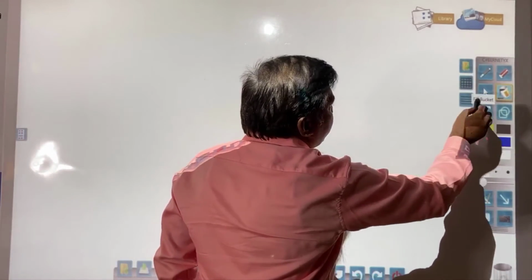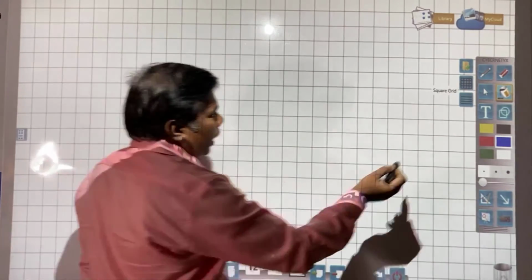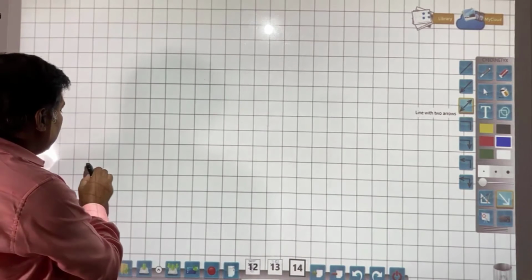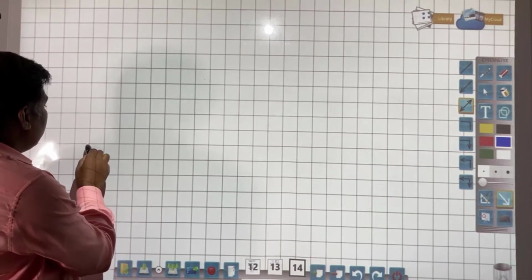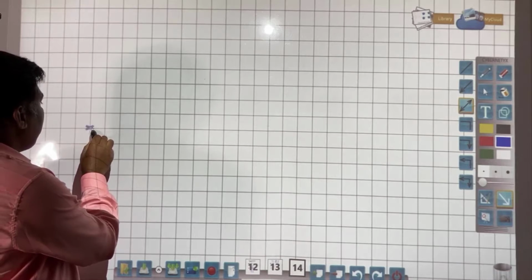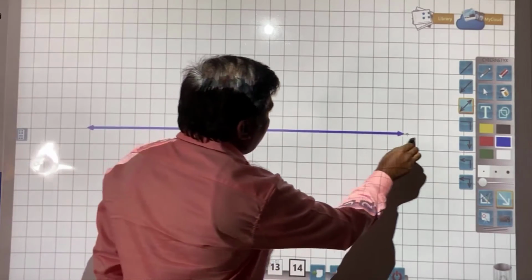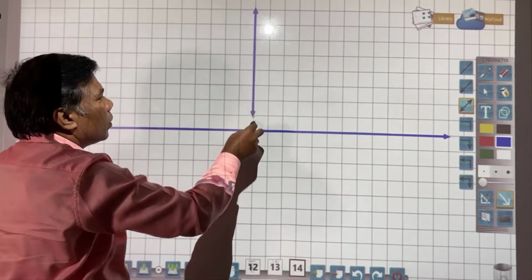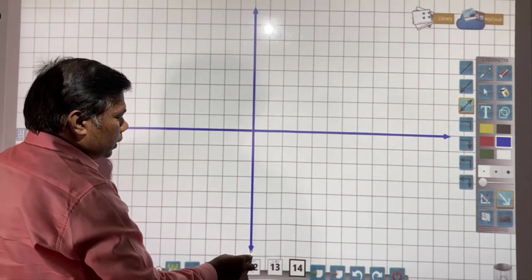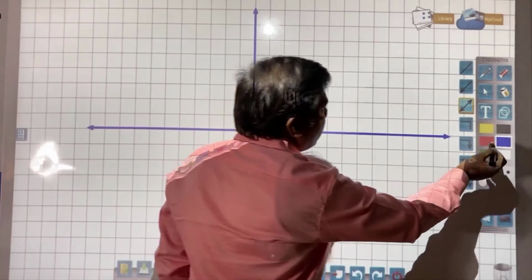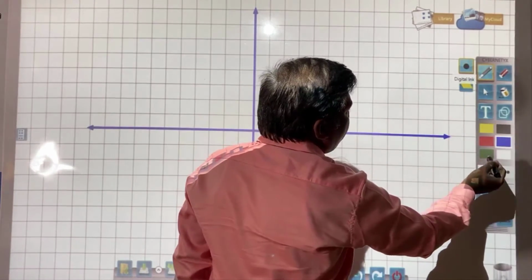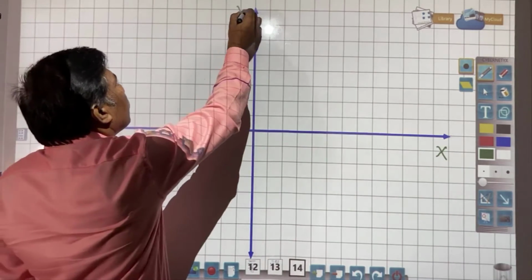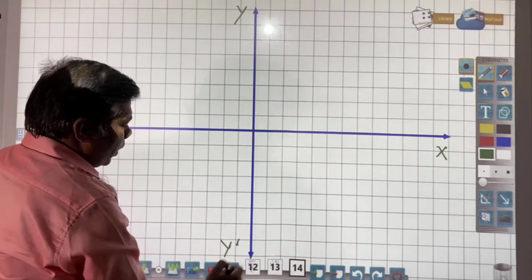Here you see, as yesterday it was told, x-axis and y-axis are required to be formed. Suppose this is your x-axis and this is your y-axis. Now write down x dash, y dash.